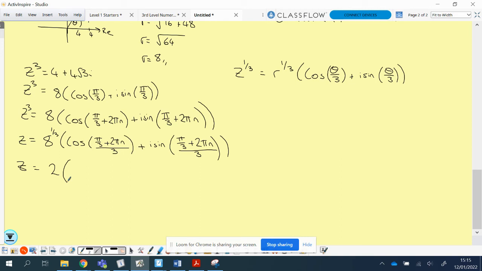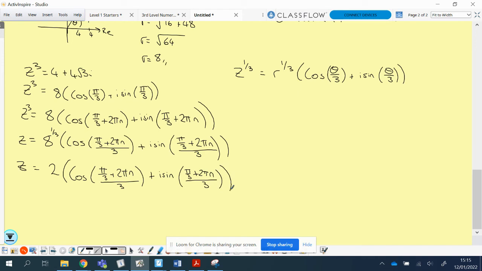However, we'll just keep it as it is just now and work our way through it. So we get pi over 3, 2 pi n over 3 plus i sine of pi over 3, 2 pi n over 3.